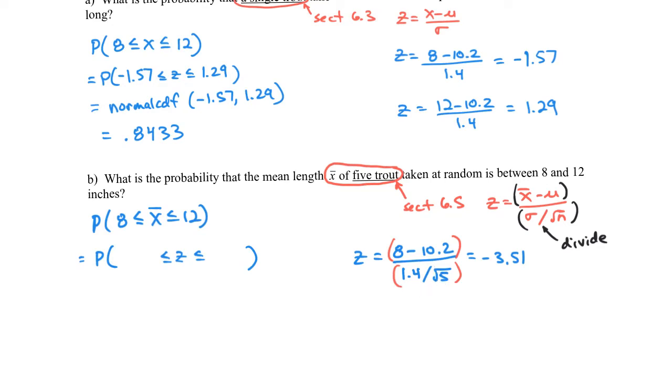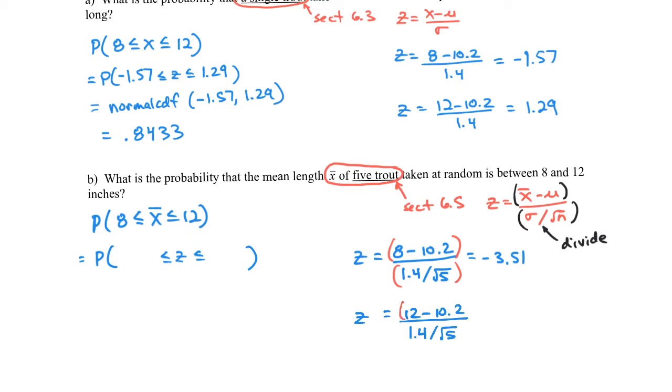And then if you do that, you should get negative 3.51. And then we've got the other one for the 12.